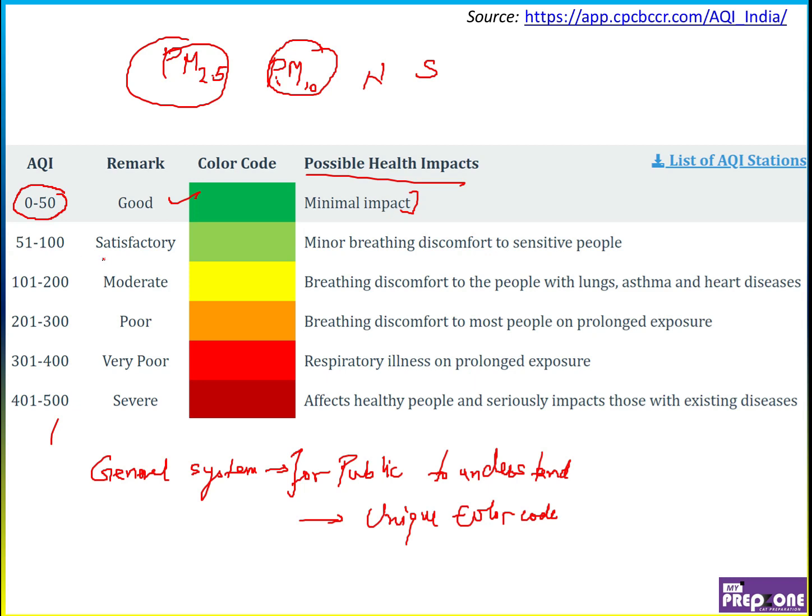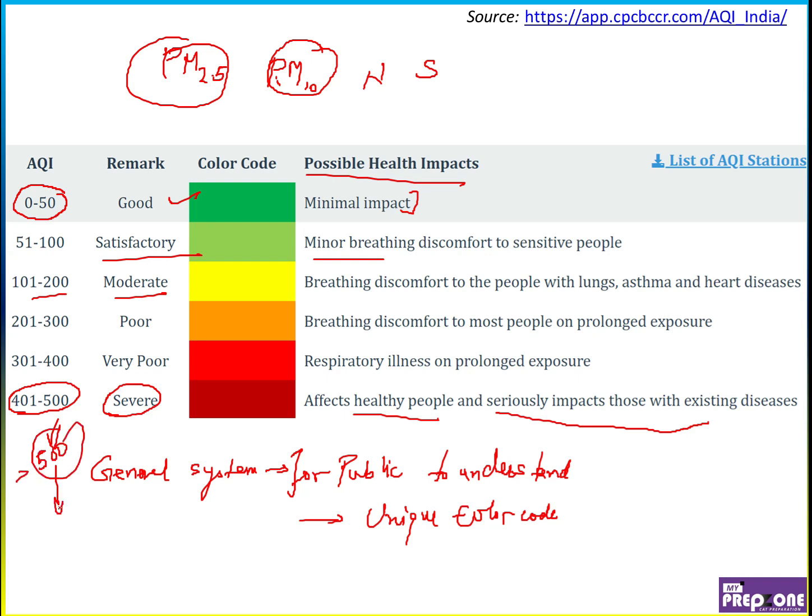If I talk about it being satisfactory, there is minor breathing discomfort. If it is between 101 and 200, it is moderate. If it is between 401 and 500, it is termed as severe, and it affects healthy people and seriously impacts those with existing diseases. Whenever it goes beyond 500, it is termed an extreme condition that calls for emergency.